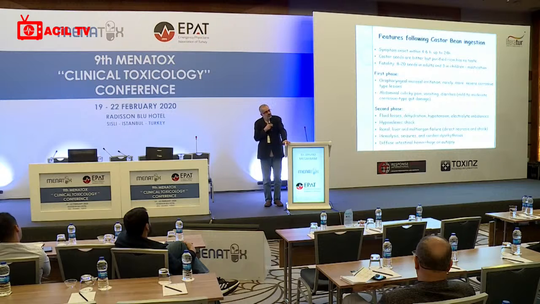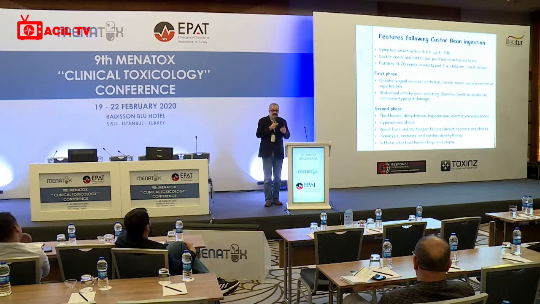So there are three routes of exposure to ricin. The first one, which is not so rare, is the ingestion of castor beans, generally for a suicidal attempt. Symptoms occur about within 4 to 6 hours after the ingestion, up to 24 hours.